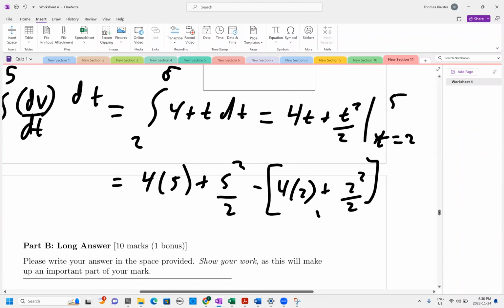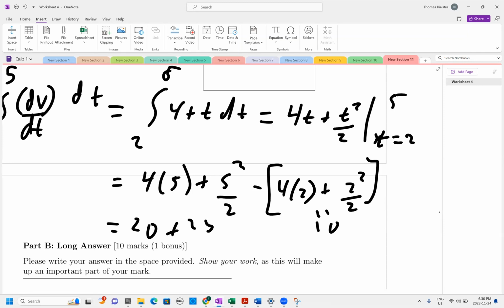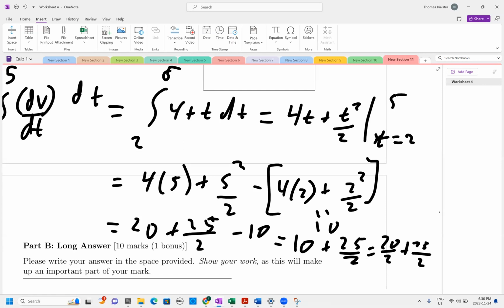This here is equal to 10. So it equals 20 plus 25 over 2 minus 10, which equals 10 plus 25 over 2, or 20 over 2 plus 25 over 2, which equals 45 over 2.